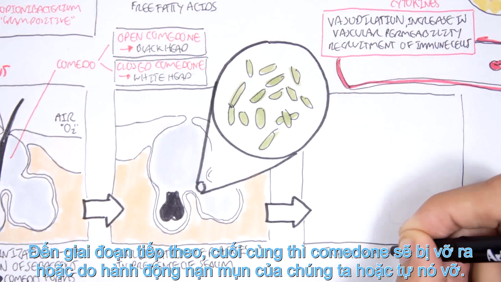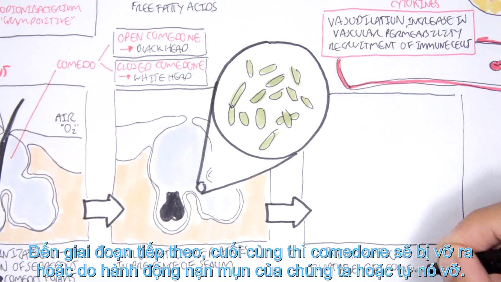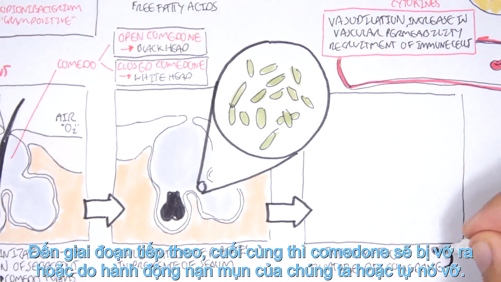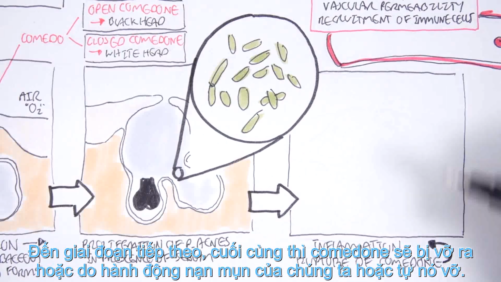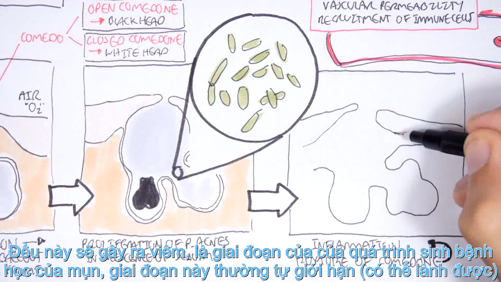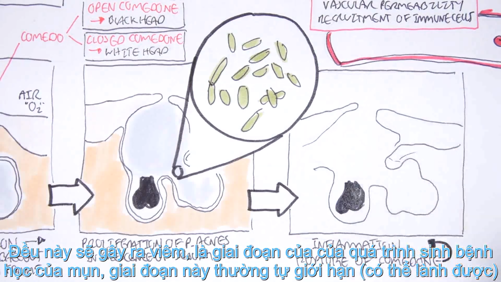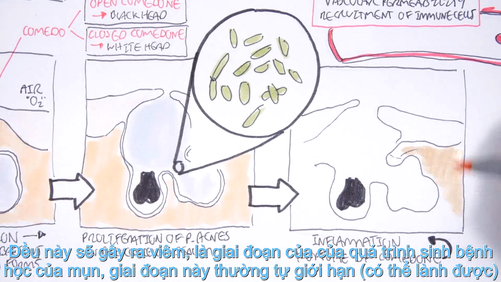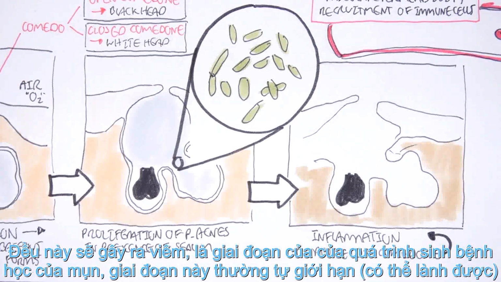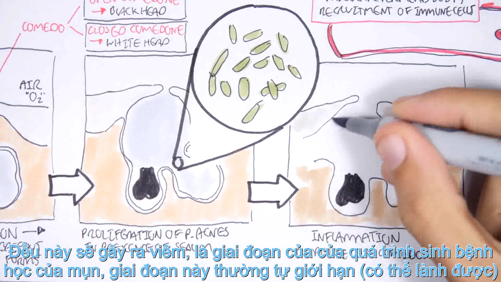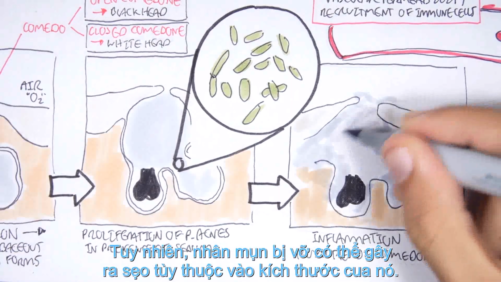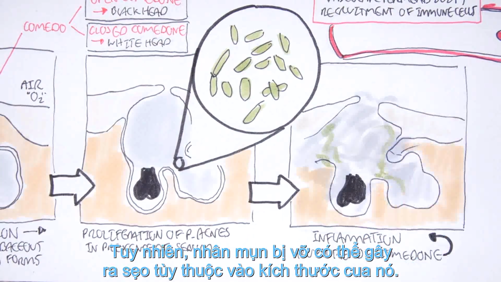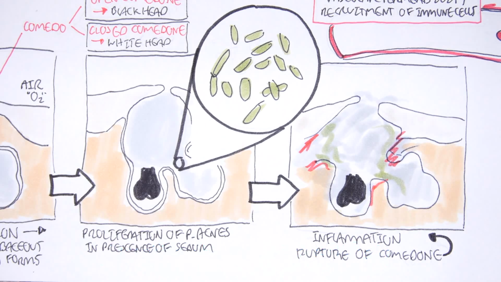And eventually the komedo will rupture, either because it is popped by the individual or through self-rupture. This will lead to inflammation, which is the final stage of acne pathogenesis. This stage is often self-limiting, but the rupturing of the komedo can leave some scarring, craters, depending on, I guess, how big it is.